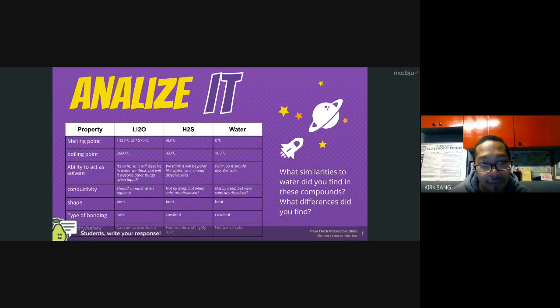That's the opposite of acidic. And trust me, caustic still burns, so it does cause burns. So we know that in the similarities, they're both bad. But if I were to talk about the differences, I would say that hydrogen sulfide is much worse than lithium oxide when compared to water.